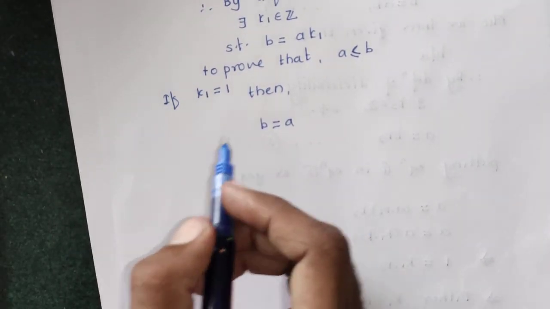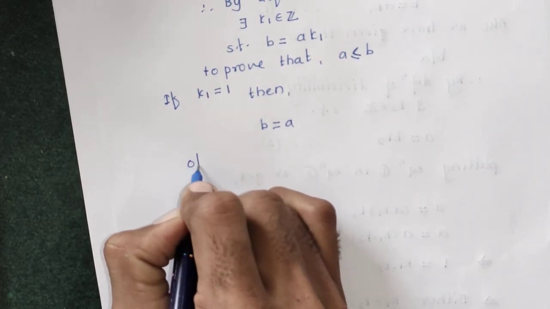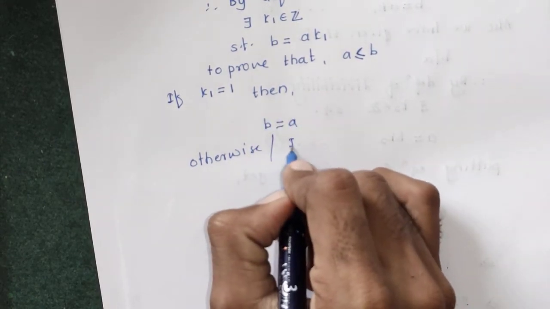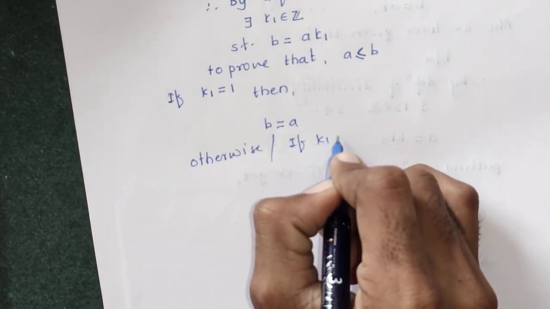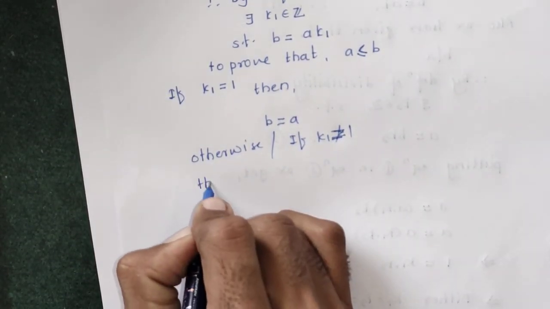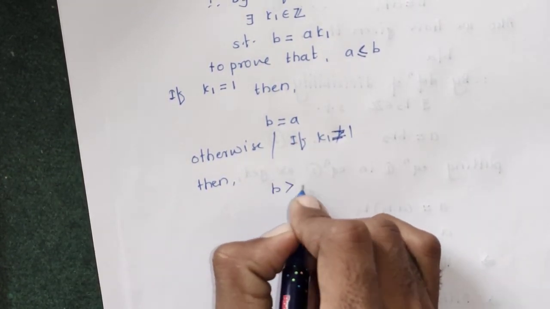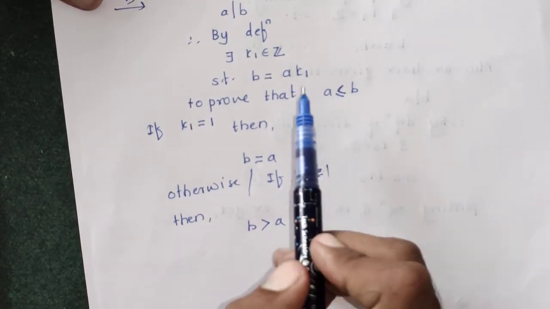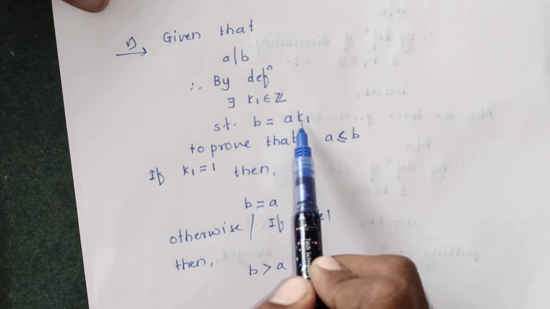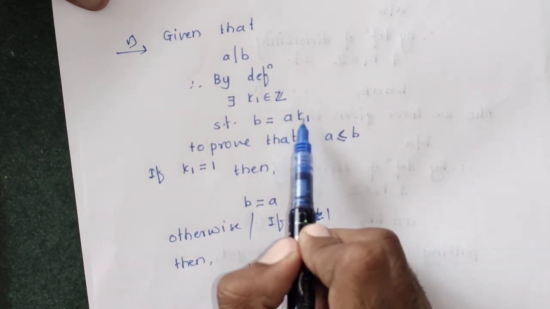If K1 is equals to 1, then we get B is equals to A, and otherwise, if K1 is strictly greater than 1 or K1 not equals to 1, then clearly B is greater than A, since our B is written as a multiple of A, so A into K1. If K1 is greater than 1, what are the possible values of K1?